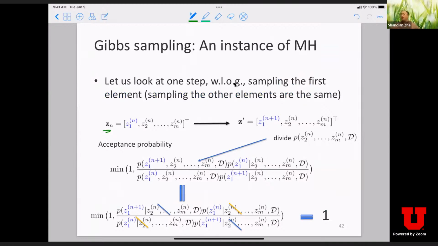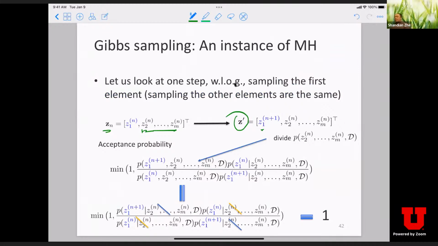To perform one step of Gibbs sampling, we condition on the current samples for Z2 to Zm to generate a new sample for Z1, which we denote by Z1^(n+1). Then we get a new state, which we call an intermediate state, like several minutes ago. We call it Z prime. Z prime consists of a new sample of Z1 and all the samples for Z2 to Zm.